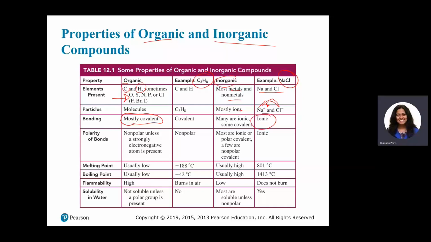These ionic bonds are stronger than the covalent bonds. Ionic bonds are polar. But for the covalent bonds in organic compounds, the polarity is zero or negligible.